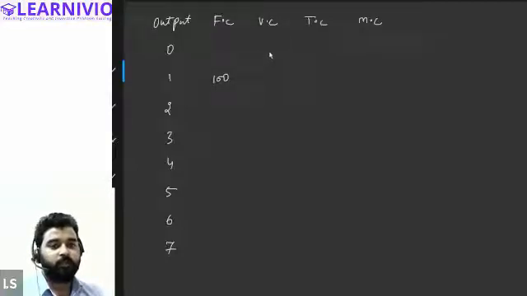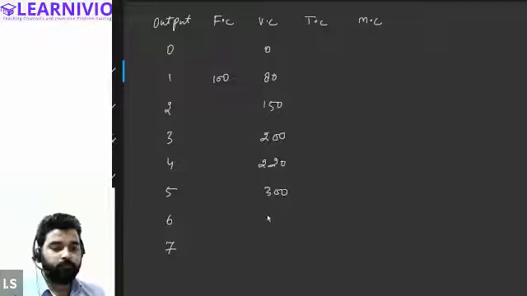Let's say variable cost at 0 unit will be 0 definitely. And at the first unit, it is 80, then 150, then 200, then 220, and then 300, then 400, and finally 600.